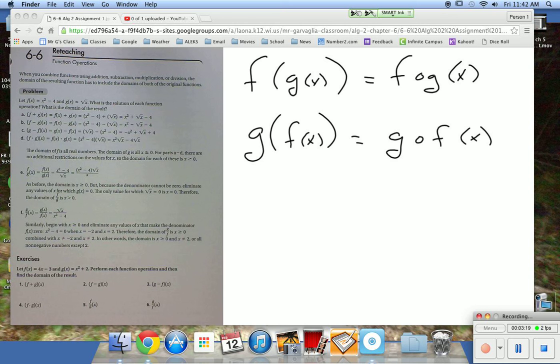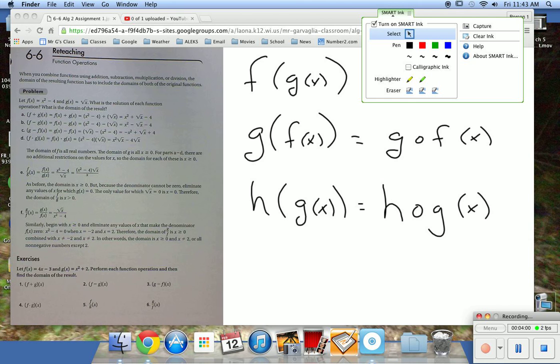And we can also write it this way, h of g of x. So we could write it as f of g of x, g of f of x, or in this case, h of g of x. That's how we would look at it.